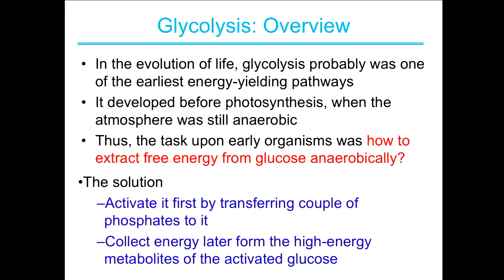It's so old that it's before green plants, so you didn't have photosynthesis, you didn't have free oxygen out in the atmosphere to any significant extent. So you had anaerobic conditions, and you need a pathway that works under anaerobic conditions.